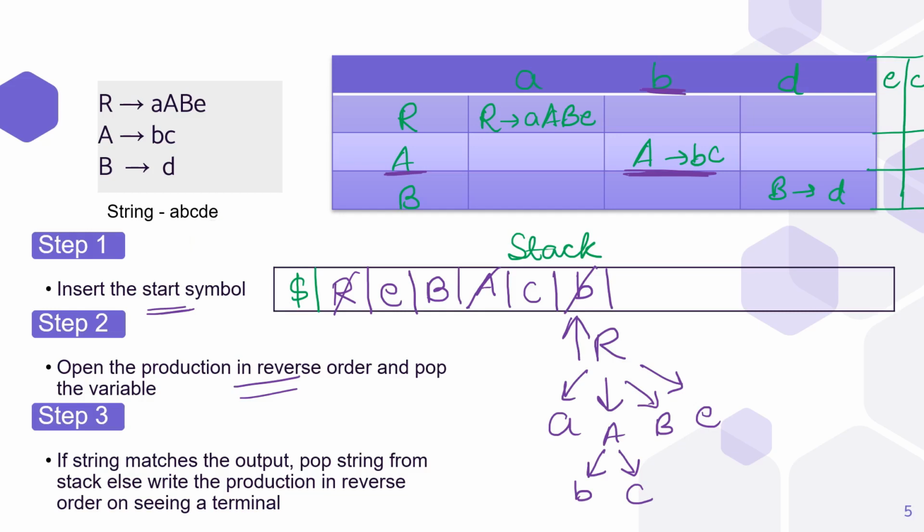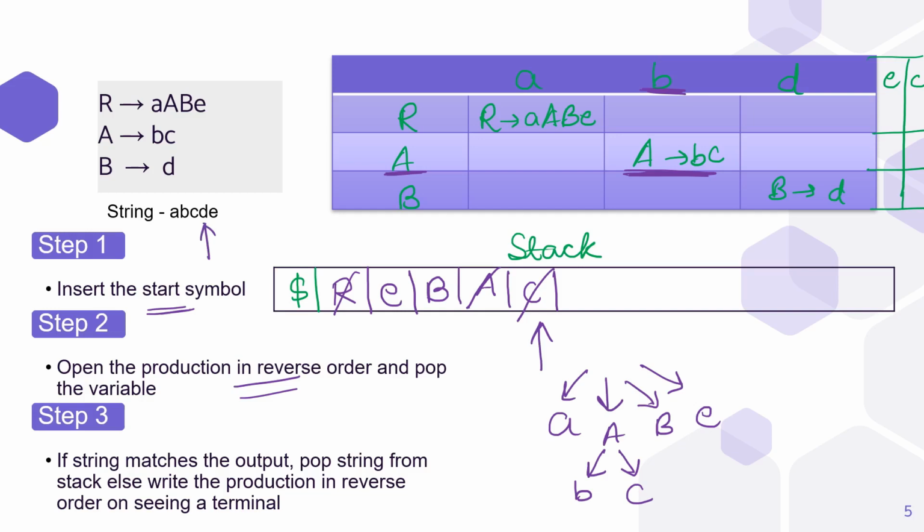Now it is pointing to C. The stack is pointing to C here, and the string is also pointing to C, so there is a match. Again it would pop out the value of C and increment the string now to D.